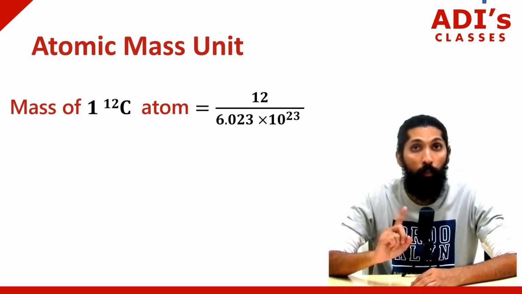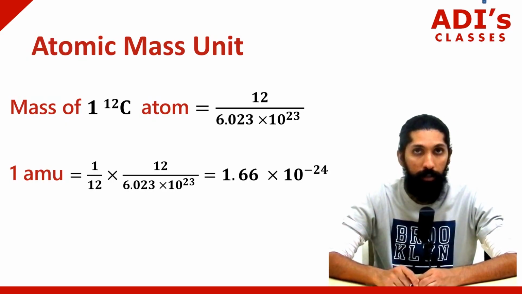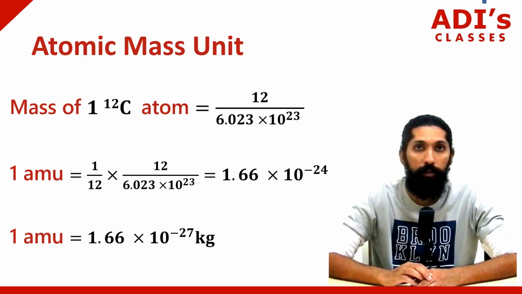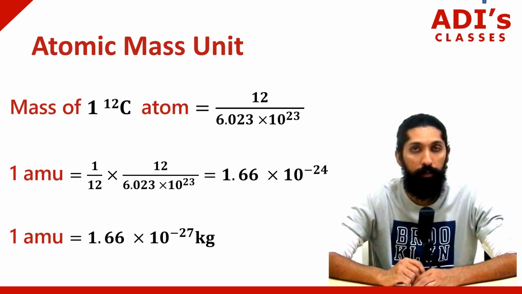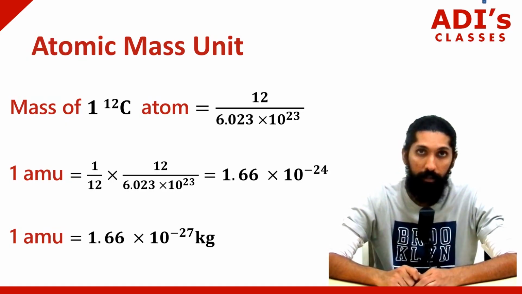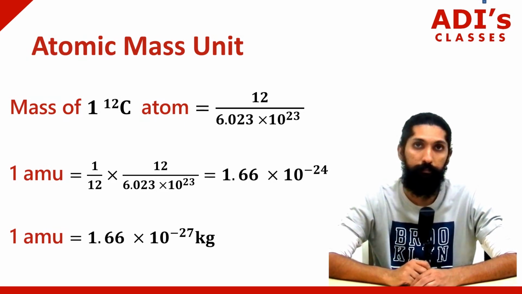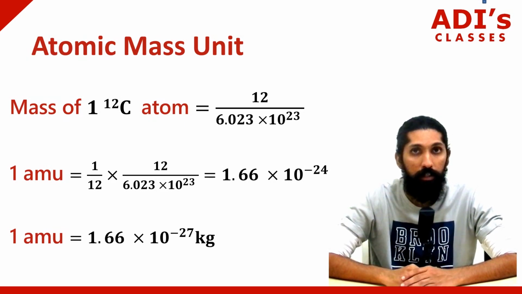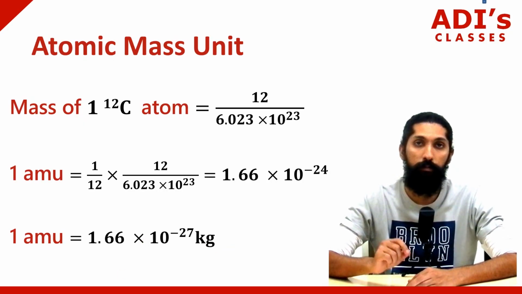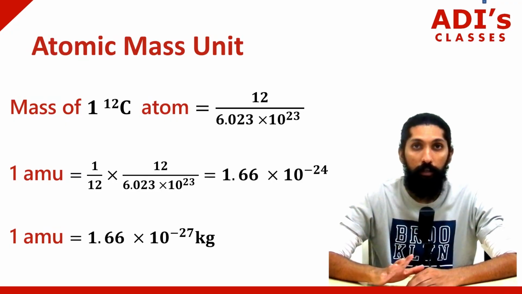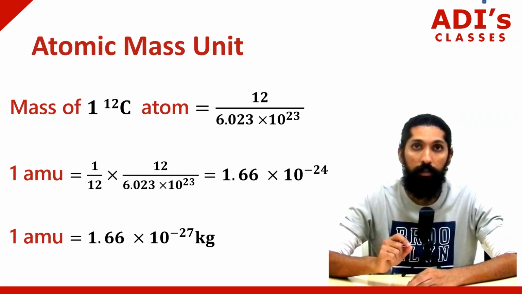So, the mass of one nucleon or 1 AMU becomes 1 by 12 into 12 by 6.023 into 10 to the power 23, which becomes 1 by 6.023 into 10 to the power 23 gram, correct? Which becomes 1.66 into 10 power minus 24 gram. SI unit of mass is kg. So 1 AMU becomes 1.66 into 10 power minus 27 kg. This is what we call 1 AMU, 1 atomic mass unit.